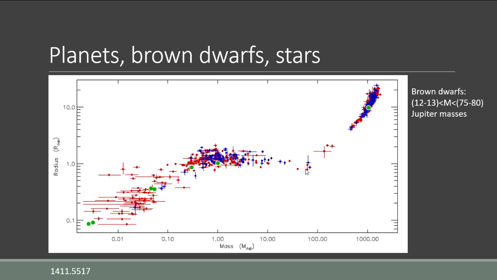If we decrease the stellar mass, then at some point temperature and pressure in the center are not enough to let these thermonuclear reactions start. And so we have this lower limit for stars. Roughly, it's about 80 Jupiter masses.